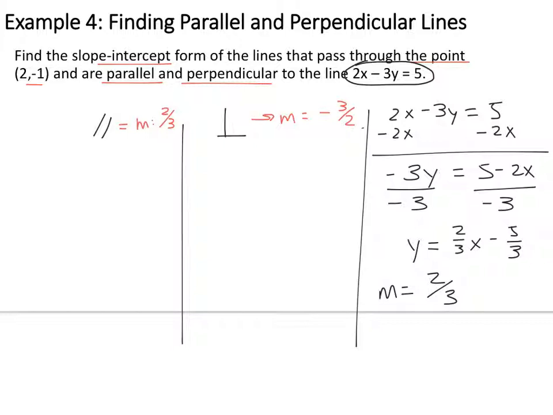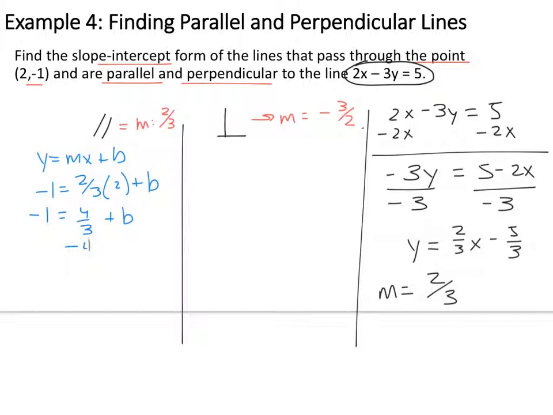And so if I'm going through the point (2, -1), I'm going to work this way. Start with my formula, y equals mx plus b, and I'm going to plug in everything that I know. So -1 equals 2/3 times 2 plus b. -1 equals 4/3 plus b.